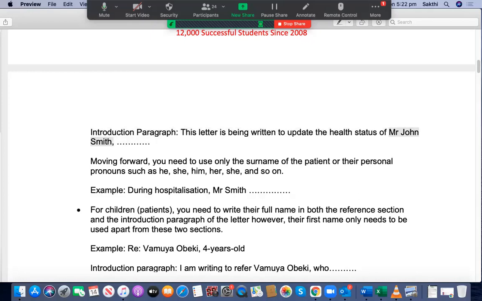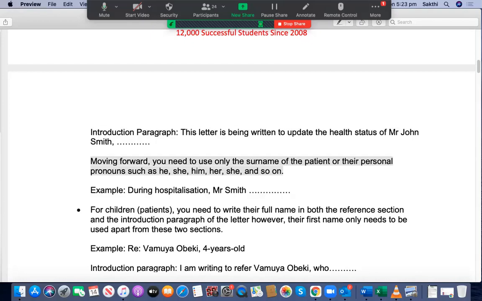When you look at this, I have written down Mr. John Smith. However, moving forward, in the remaining supporting paragraphs, when we have to refer to the name of the patient once again, we are going to use only the surname of the patient, or their personal pronouns such as he, she, him, her, his, and so on.